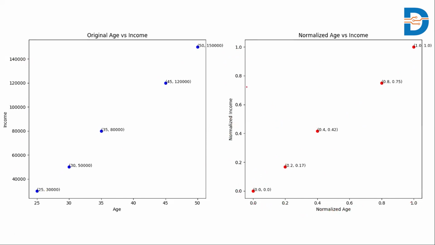And now the advantage is, since both age and income are measured on the same scale, no such feature is going to be able to overpower or overshadow the decision when you are calculating the distance metric or any similar kind of process. So that is the intention of doing normalization.